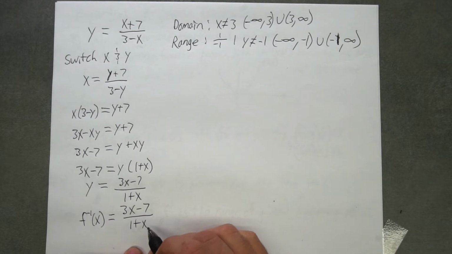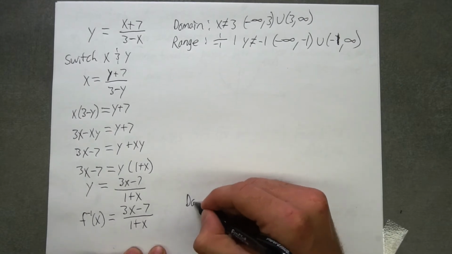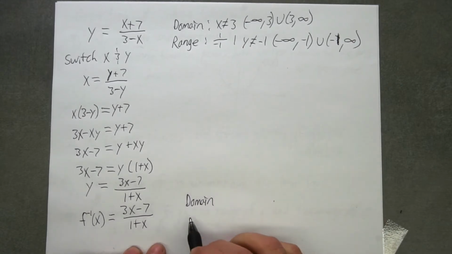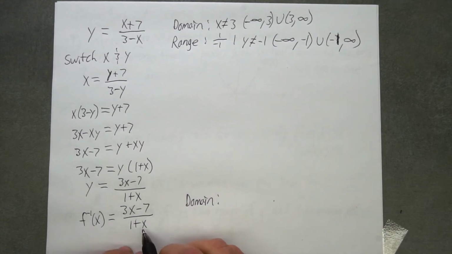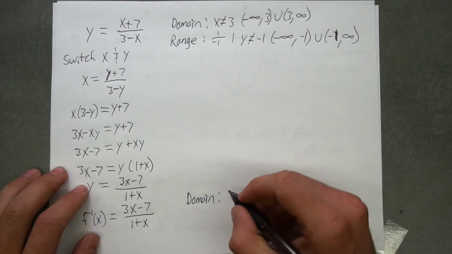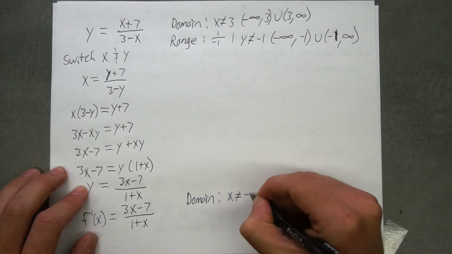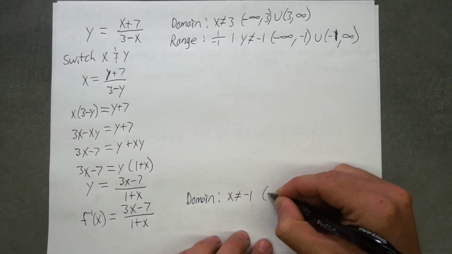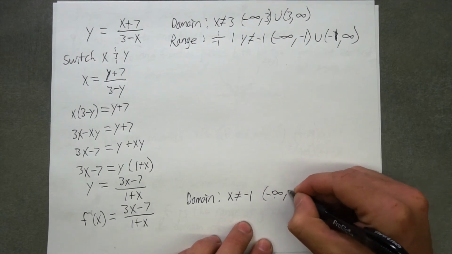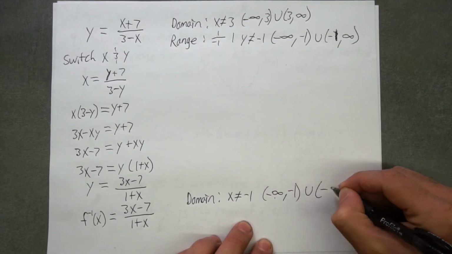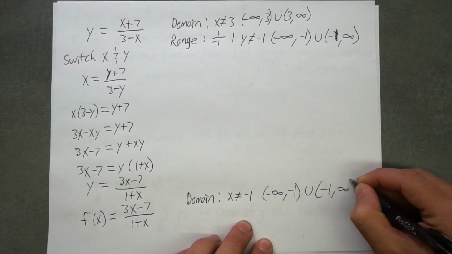Let's examine the domain and range of this function. The domain of the inverse is found by setting the denominator equal to 0. The denominator is equal to 0 at negative 1. So x cannot be negative 1, and our domain is from negative infinity to negative 1, union negative 1 to infinity.